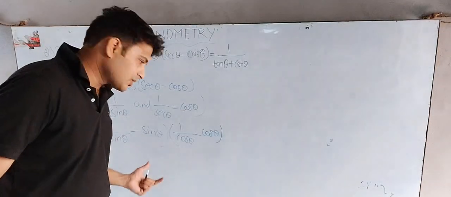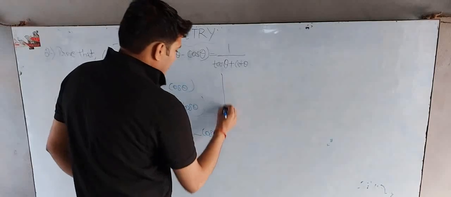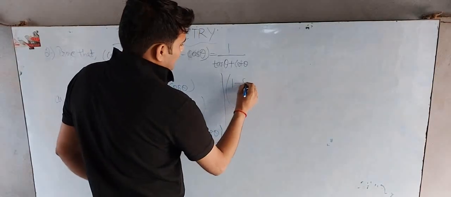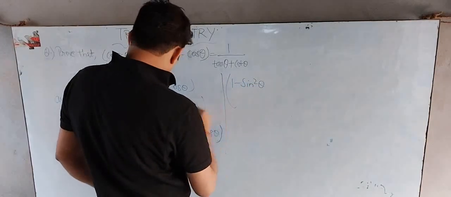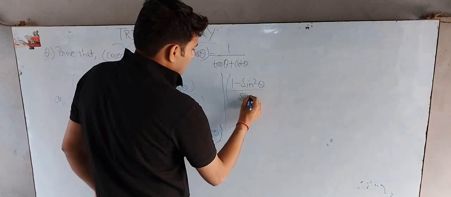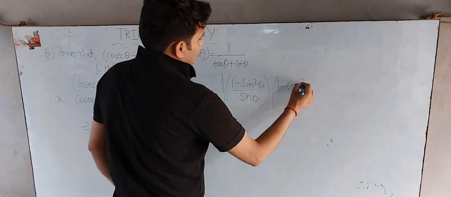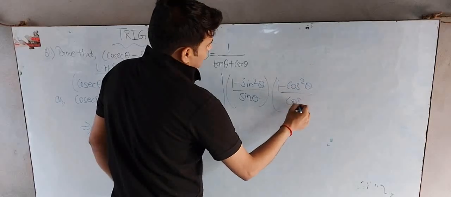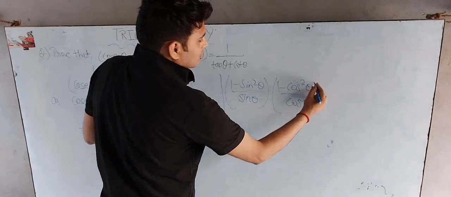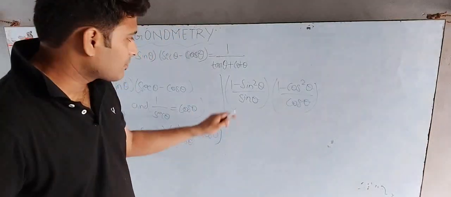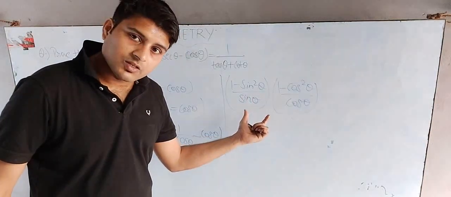On opening the brackets, here you will get 1 minus sin square theta upon sin theta and 1 minus cos square theta upon cos theta. Now as we know, sin square theta plus cos square theta is equal to 1.